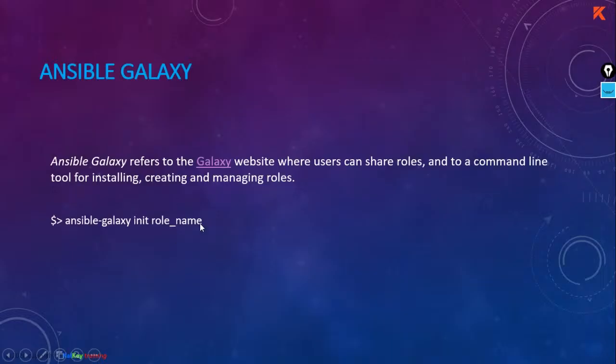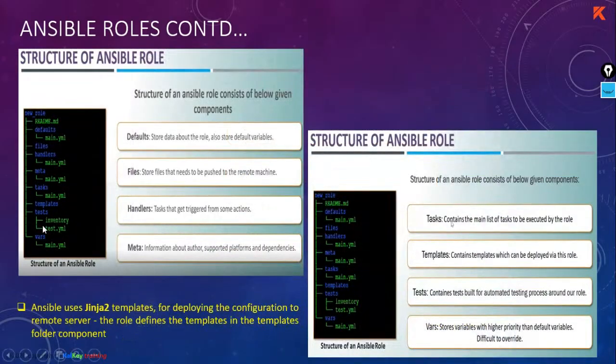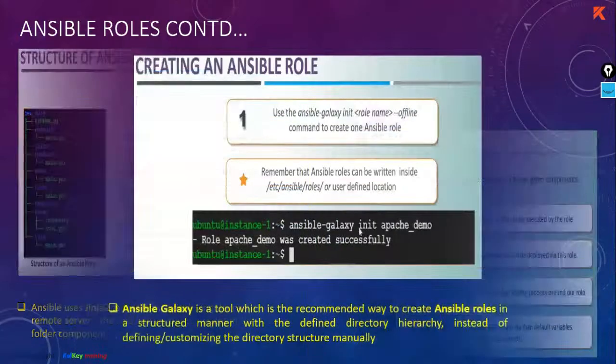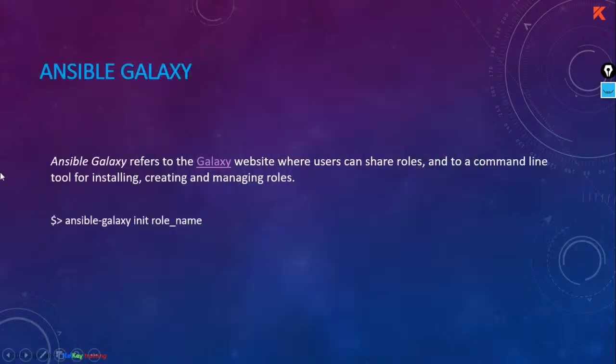Give any role name and it will automatically create this entire structure that you are finding over here. Then after that, you will start writing your YAML files, the task files. That's all. So as and when you execute this role name through a playbook, only this particular role will be executed. That's the beauty.